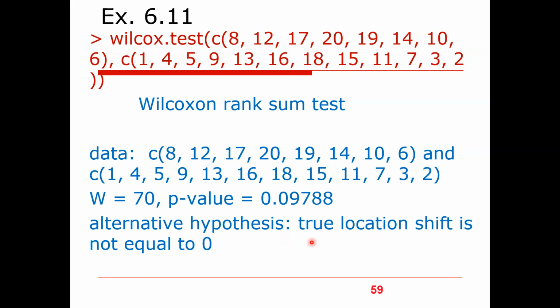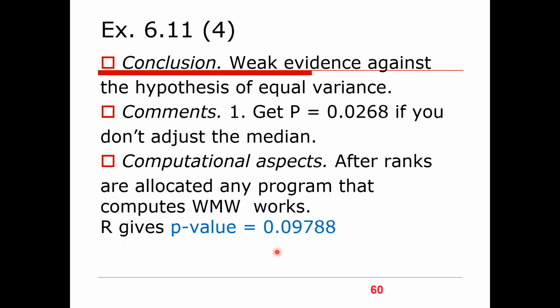So the conclusion is actually about the variance instead of the location, right? Because the p-value in this case is not smaller than 0.05, there is weak evidence against the null hypothesis. We conclude the two samples have similar variances.